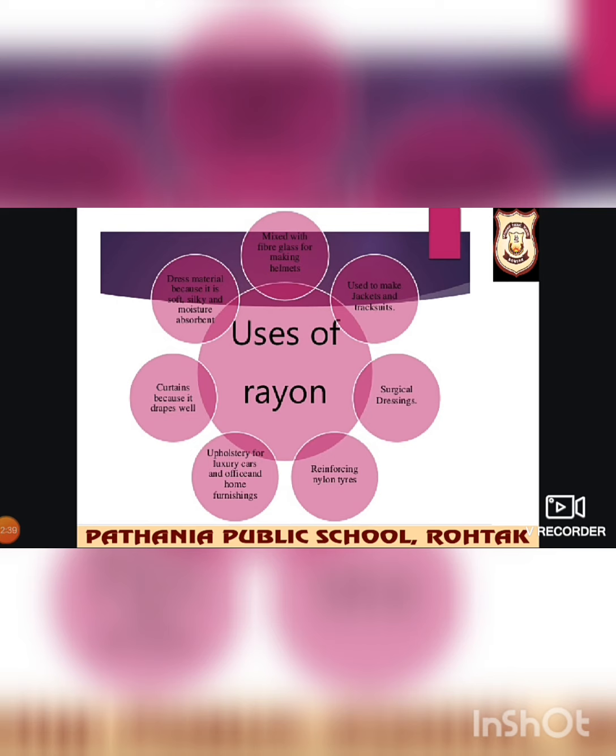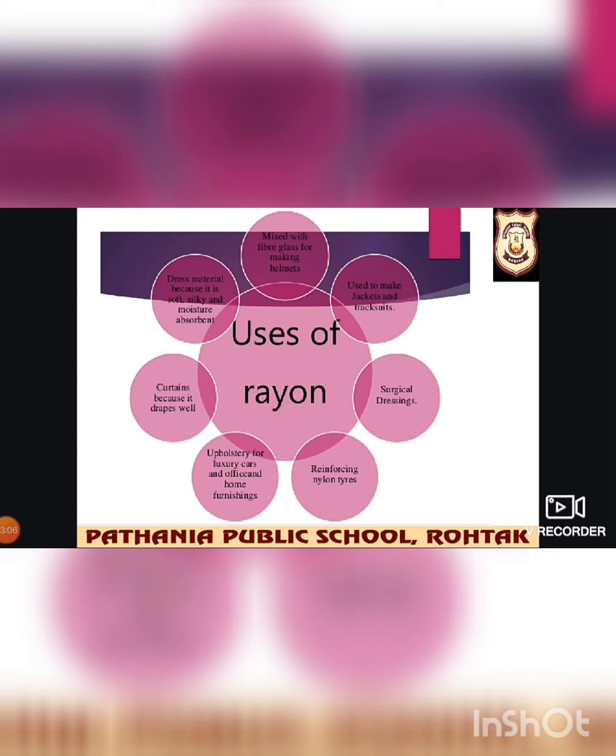It is also used to make tire cords, and to make bandages for surgical wounds. So these all are the uses of rayon. Rayon itself is a very important synthetic fiber and it has a large number of characteristics which make it useful in many ways.